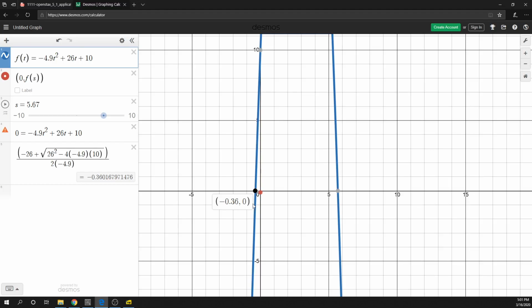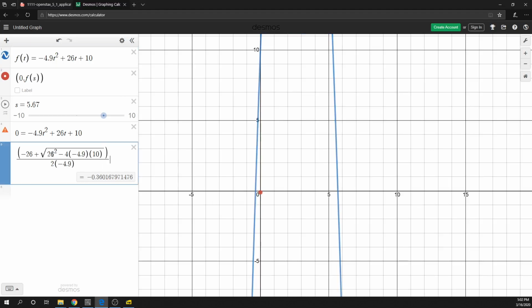But this problem applies to a specific real-world situation where it doesn't make sense to talk about negative 3.6. That would be like negative 0.36 seconds before the rocket was fired. Well, this model doesn't even apply until the rocket is fired, which we are starting at time 0. So this answer just has to be thrown out for this applied problem.